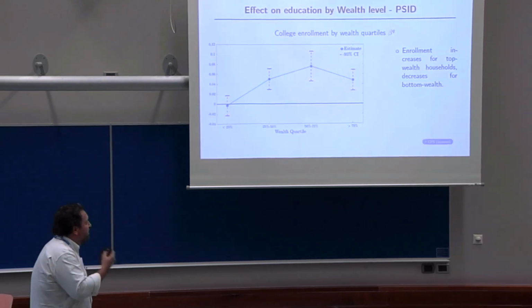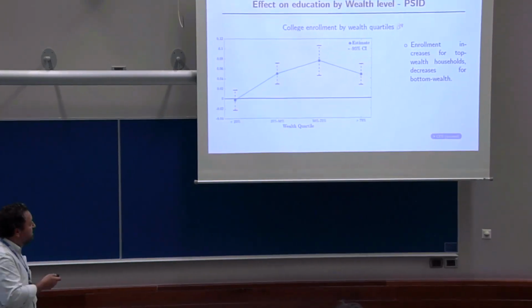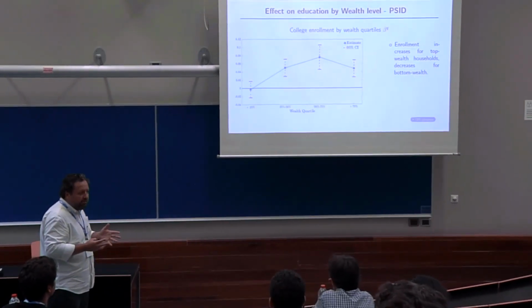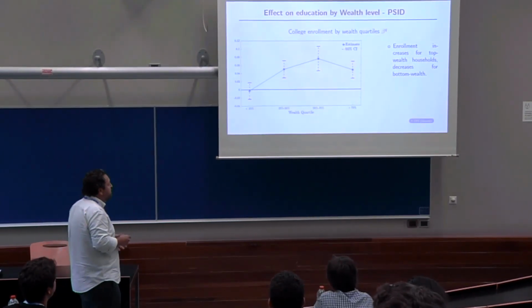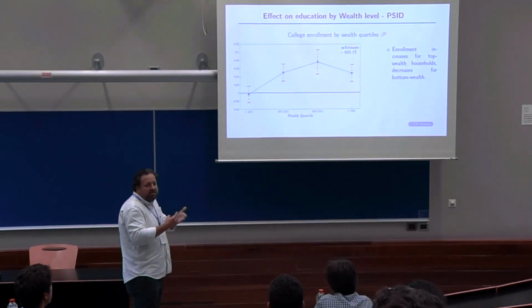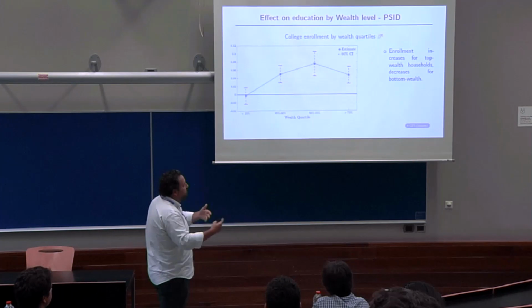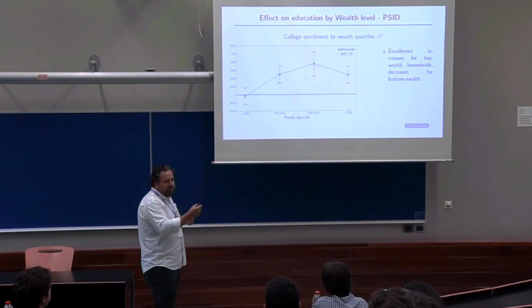So this is, I think, one of the nicest features of the paper: we get the positive effect, which is basically in line with our previous estimates. Once you take into account that these are different measures, before we had 18 to 25 year olds enrolled in college, now we have basically the probability of going to college.